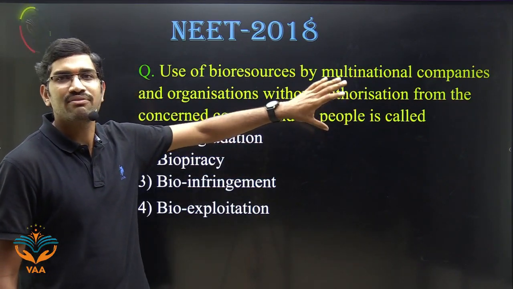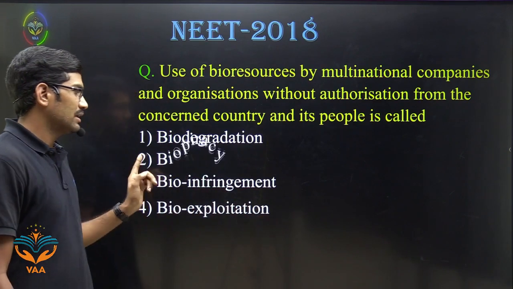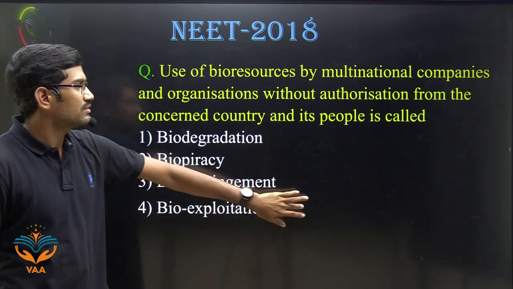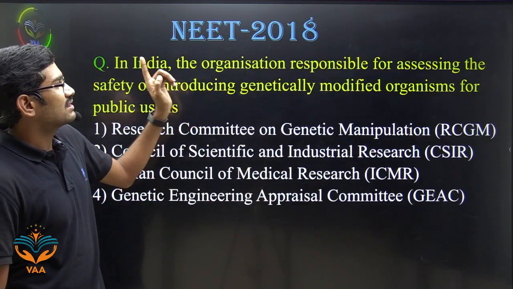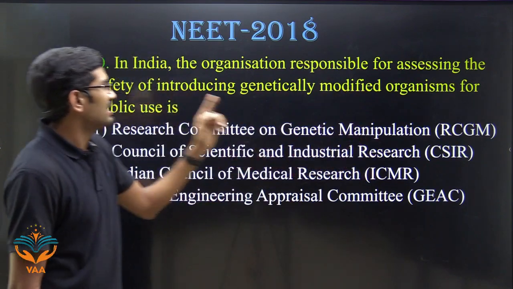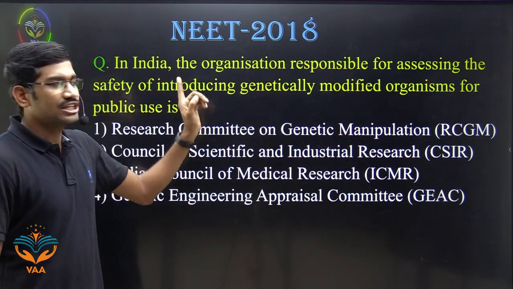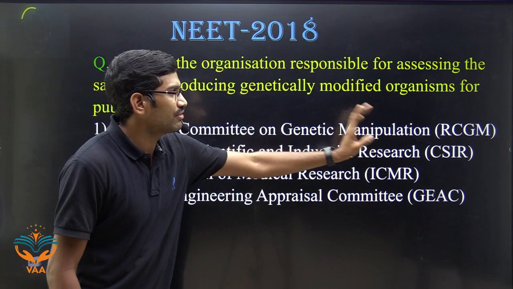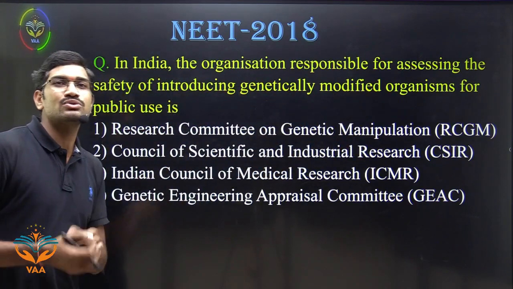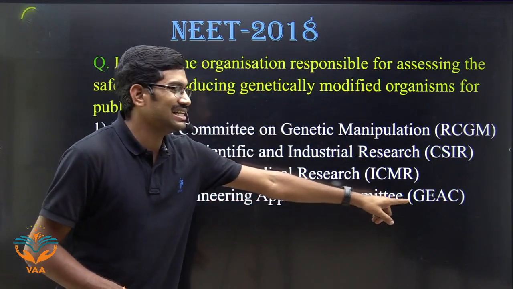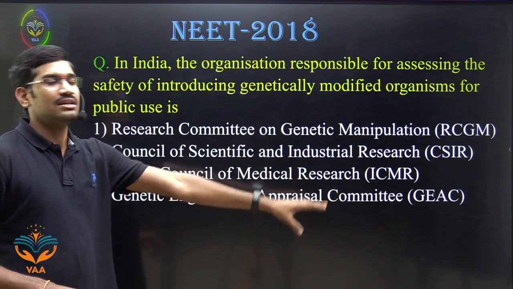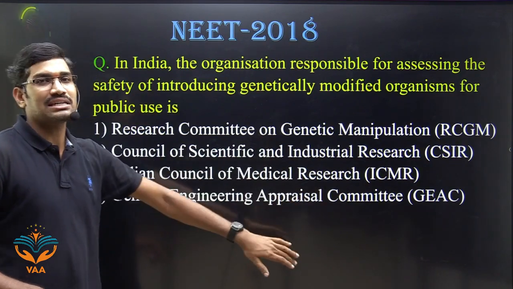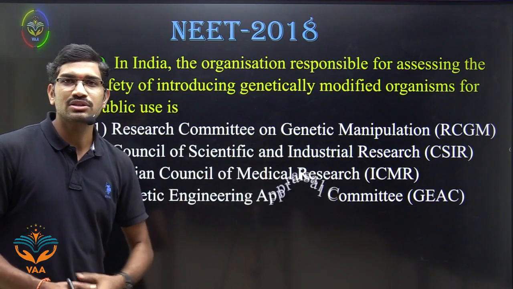This is simply the definition, and this is the definition for what? Biopiracy. Okay. Next one. In India, the organization responsible for assessing the safety of introducing genetically modified organisms for public use is GEAC, Genetic Engineering Approval Committee or Appraisal Committee. So the answer is option 4.